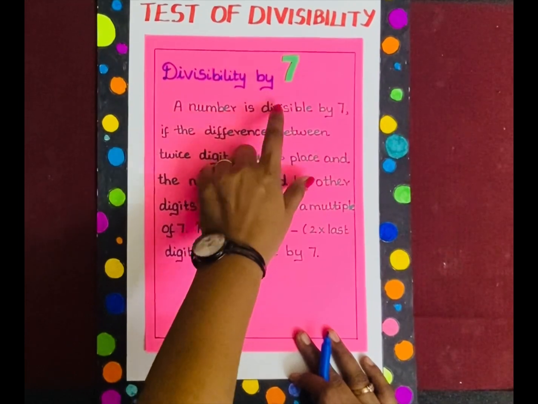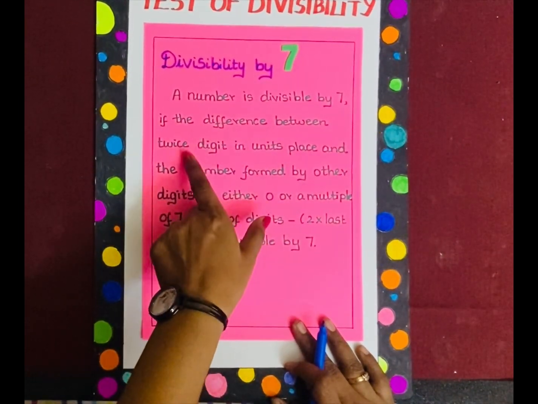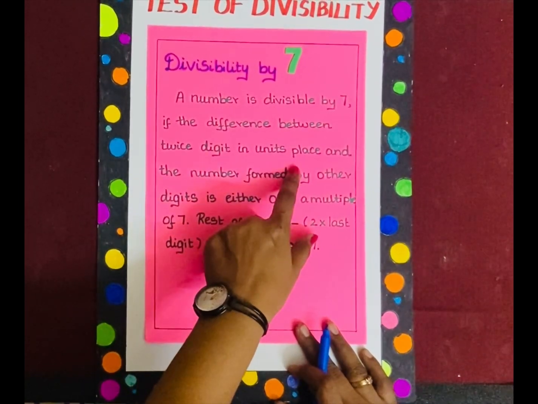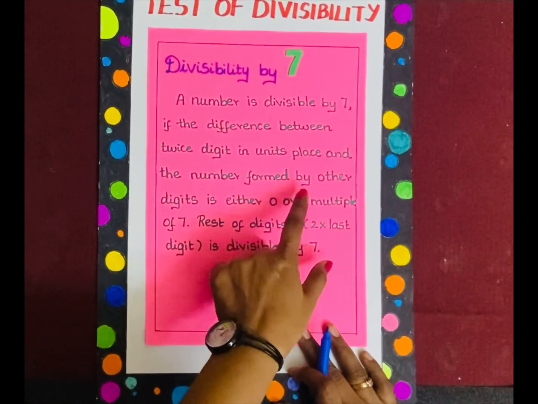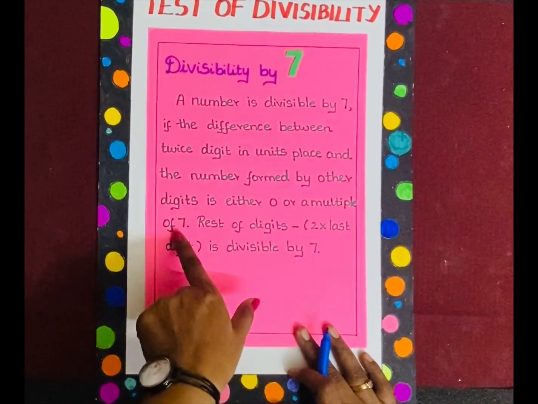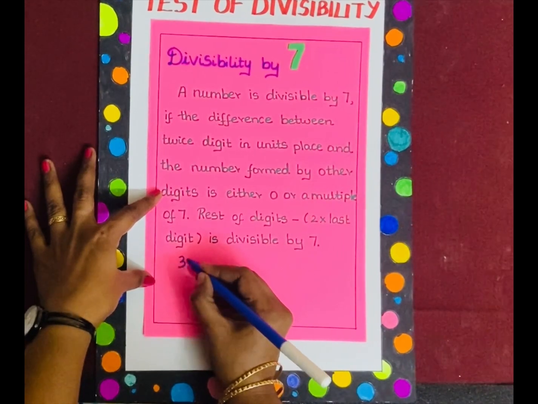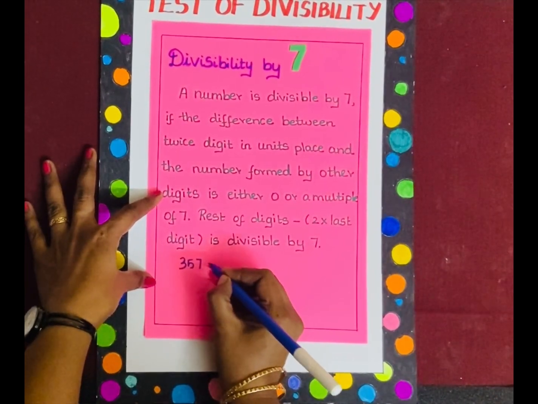Divisibility by 7. A number is divisible by 7 if the difference between twice the digit in the units place and the number formed by the other digits is either 0 or a multiple of 7. For example, 357. How to find out?